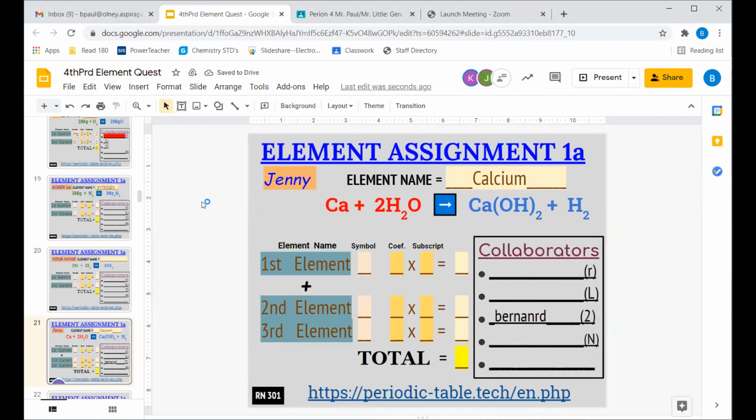So now, Jenny, you can see a whole bunch of different slots, let's say, that need to be either filled in or changed, like the first element, second element, third element. So now just start your questioning process and direct it to one of your classmates. And then it's your job, so to speak, to get everybody to work together to help you solve this problem. The show is now yours.